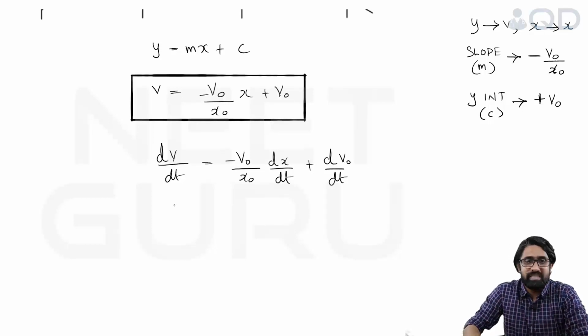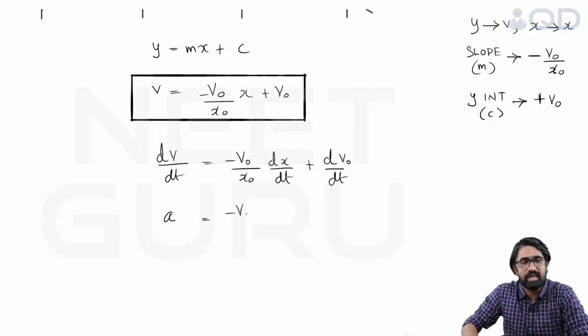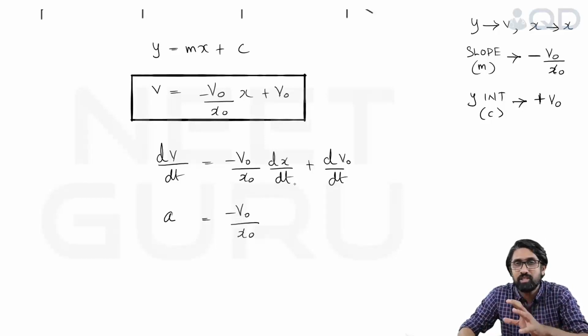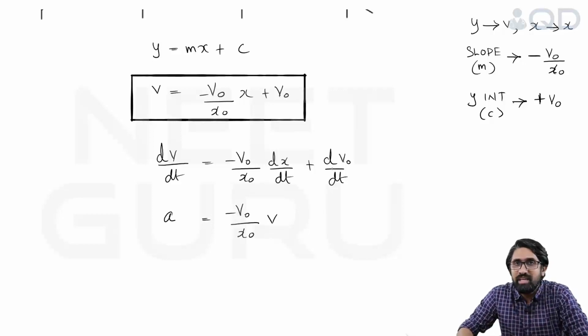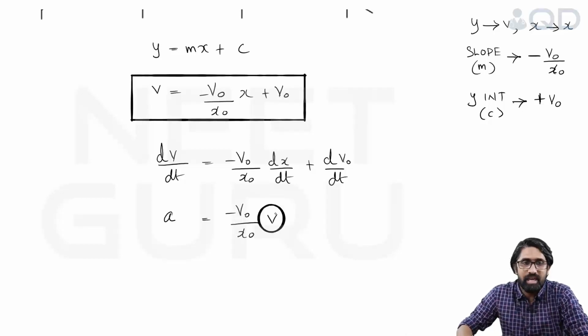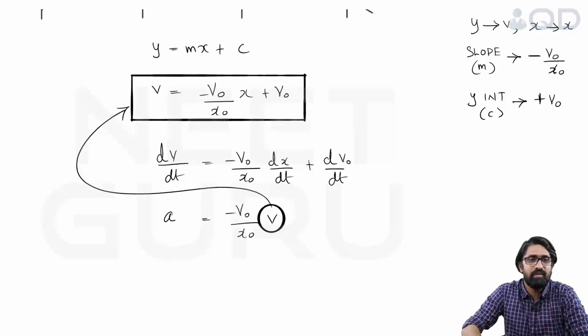You know that dv by dt is acceleration and the constant stays intact, minus v0 by x0. Then you have dx by dt, that is time rate of change of displacement, and that is v or velocity. And then you have d by dt of a constant v0, and that will be 0, so that term disappears.